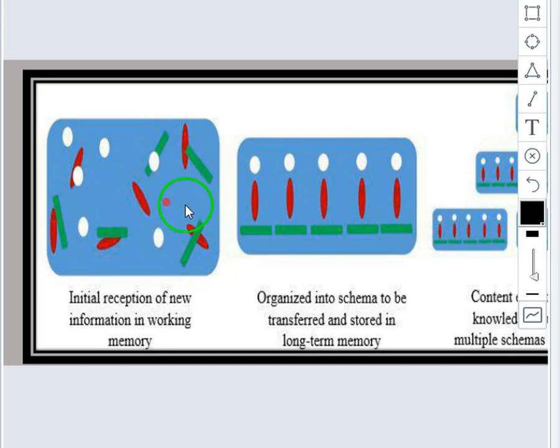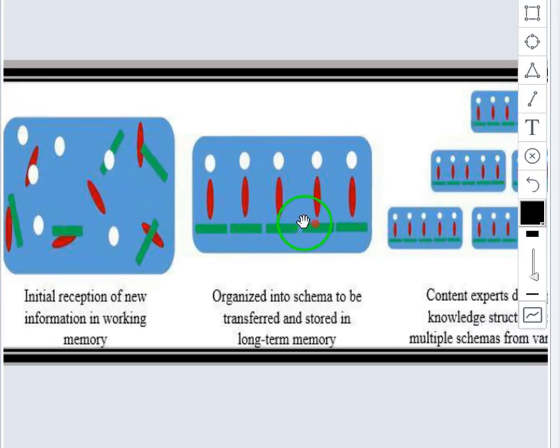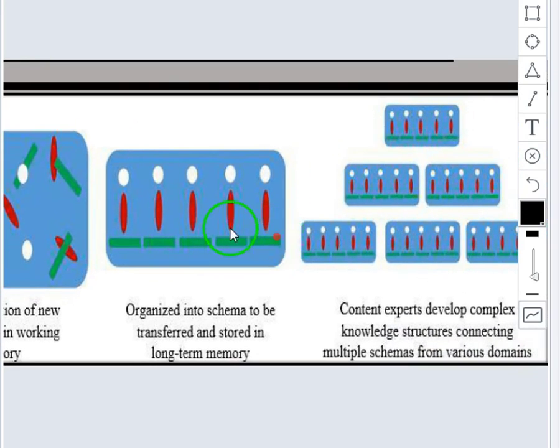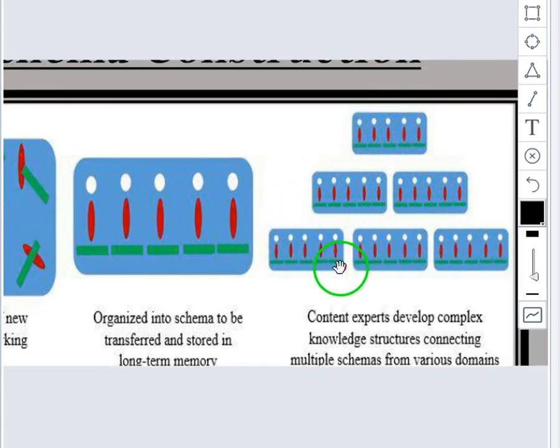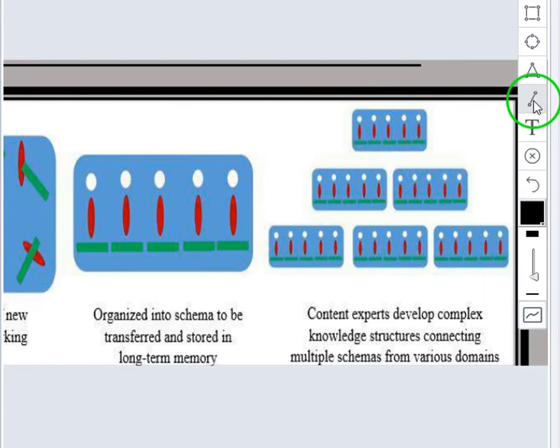level, and we're moving from left to right. Again, moving from the first image to this last image is not going to happen in one lesson or 2 lessons, or even a semester. This type of relationship where you have all these different schema that are connected in this type of way, this is how you have your knowledge constructed.